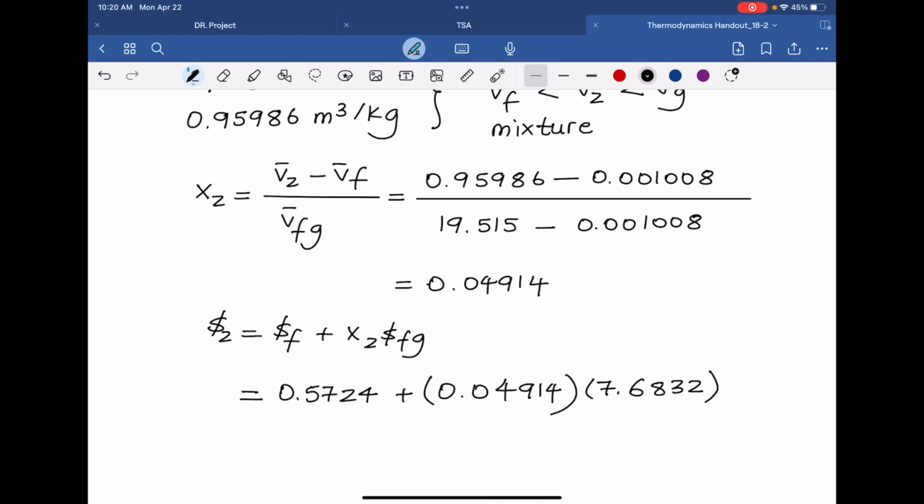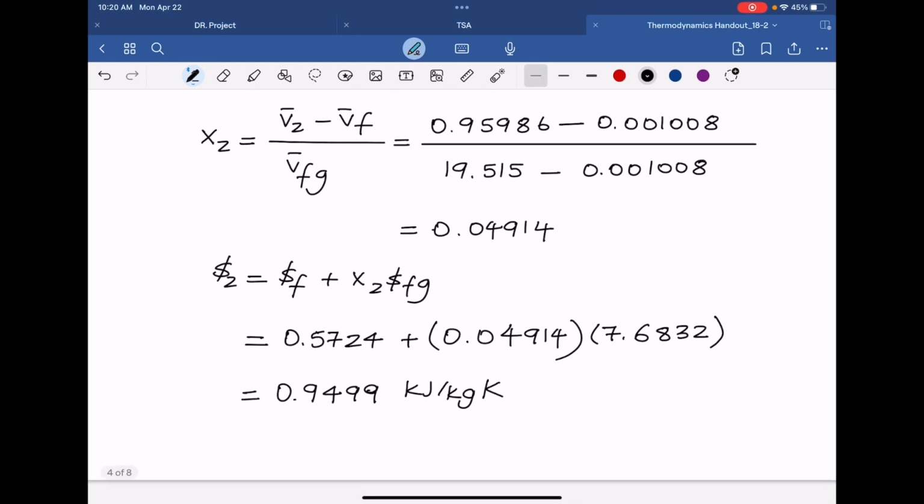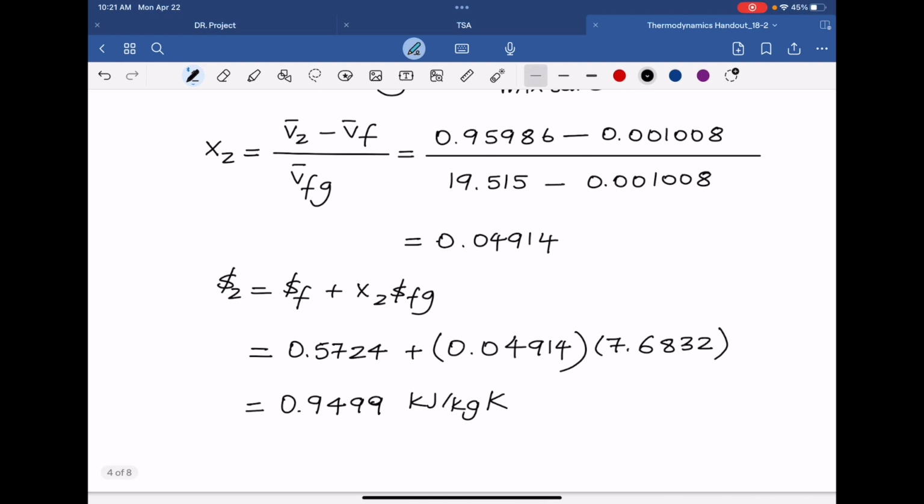At least you should have options for how you can use certain equations to find what they're asking for. Therefore it requires you to really grasp the concept of individual devices. Why we use individual devices, what the purpose of these devices is, and how things work is important. So we found specific entropy at the second state.